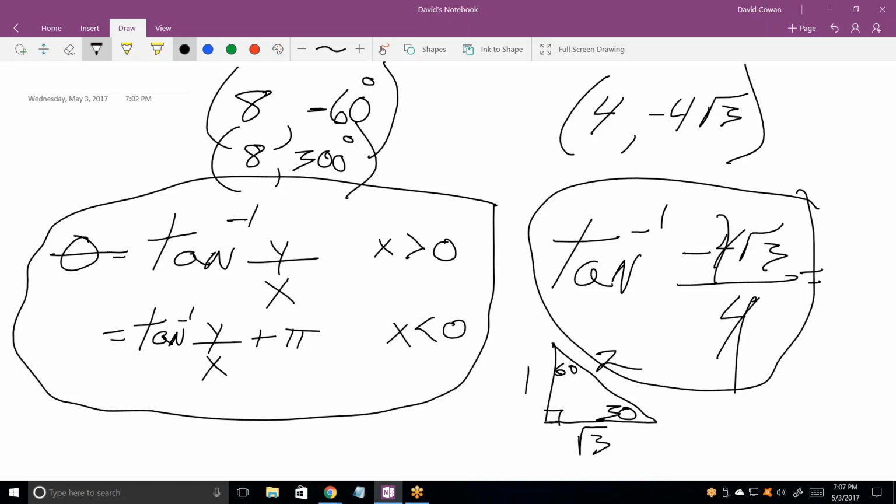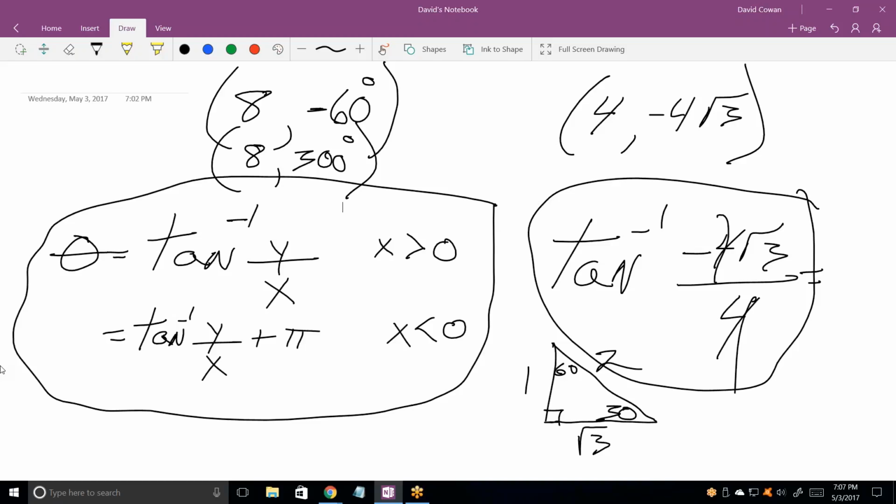Now, I don't know which one your teacher prefers, or for that matter, what the book would. I don't think there's any problem with negative angles in polar coordinates. Let me look and see if any of the polar coordinates in my book have negative angles. Oh, yes, I do.